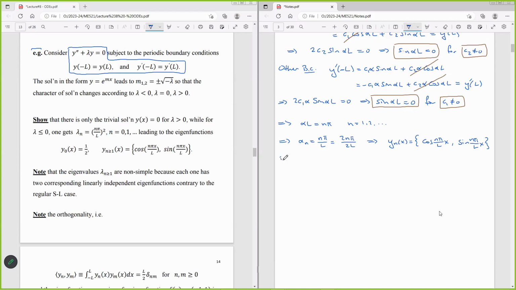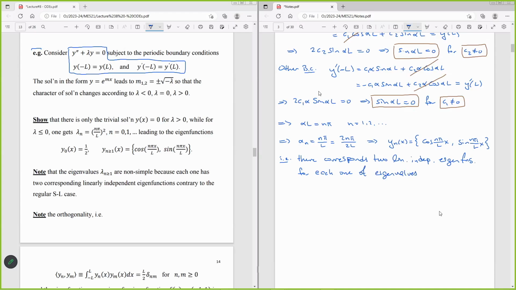Thus, there correspond two linearly independent eigenfunctions for each one of the eigenvalues.